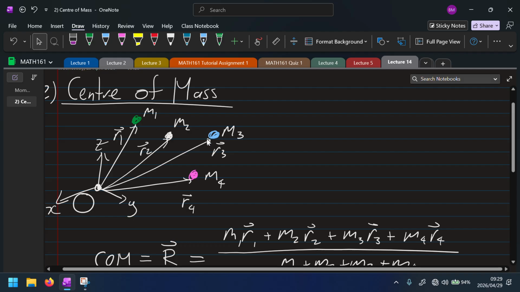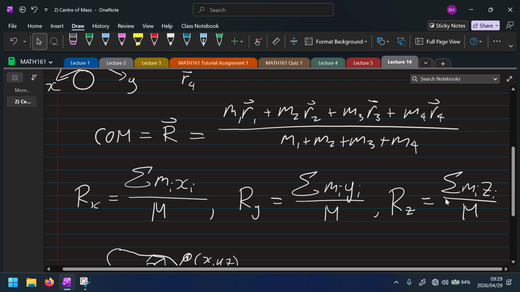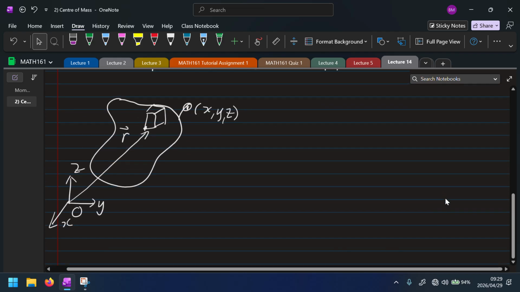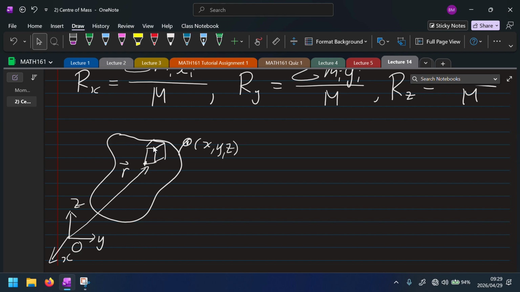We had a bunch of individual masses, we did the weighted sum, and we got our center of mass components. We're going to do the same thing here, but instead of adding up the points, we now have to integrate up the little mass volumes. So instead of a sum, it's going to be an integral.